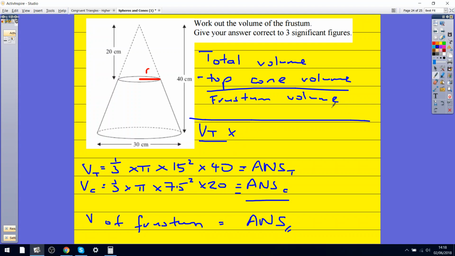Oh yeah, so you could just take the total volume, take away the total volume times a half cubed. I think that would work as well. Basically the volume of this little one is going to be the volume of the total one times a half cubed. So total cone minus little cone equals frustum. That's how you do it.